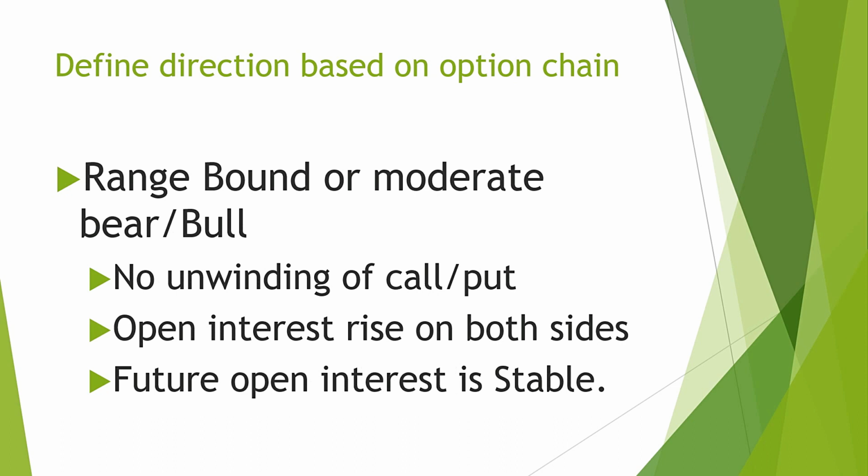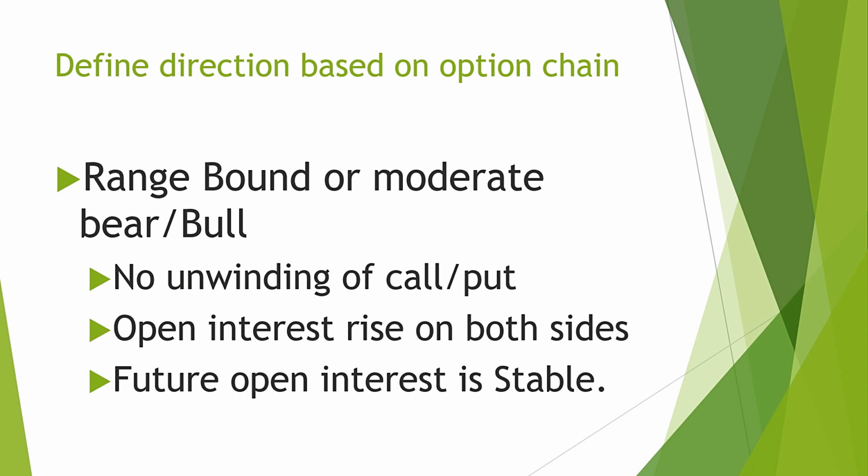How can we define the direction of a range bound market, or a moderate bear or moderate bull market? Usually when markets are range bound, there is no unwinding on the call and put side, and open interest increases on both sides. There will be a small change in option premiums, but not too much. Open interest will not decrease, and usually future open interest is stable because people usually take directional trades with futures.